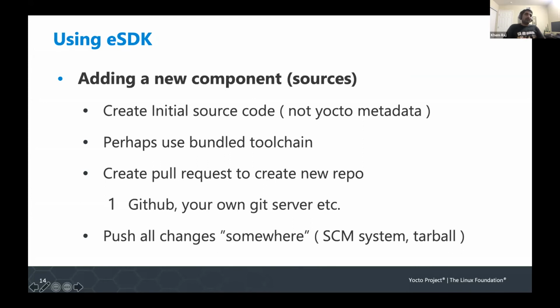So how do you go about that? You are seeding your repository, so to speak, at that point. You could create that repository and use the toolchain that is part of the eSDK to write your initial makefiles or other things, add your files, and make sure it is compiling whatever you're trying to do at the very beginning. Once you're ready with that, create the pull request or whatever mechanism you have for seeding that repository in your Git forest.